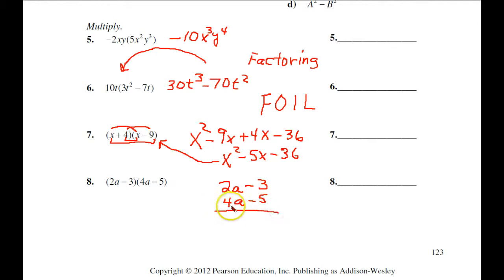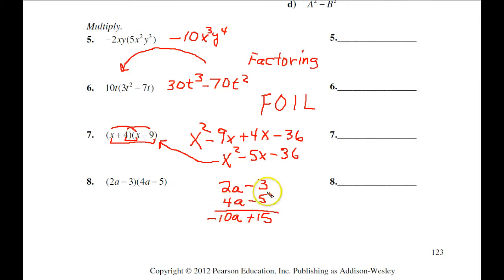Now what we're going to do here now is multiply using this, what we call long multiplication. So we go this term times this term, watching the signs, gives us a plus 15. Now this term times this term gives me a negative 10a.